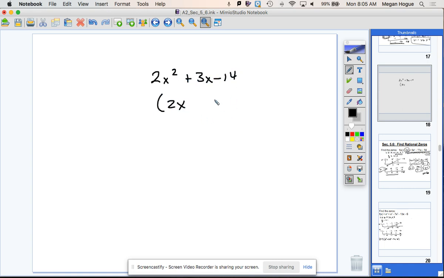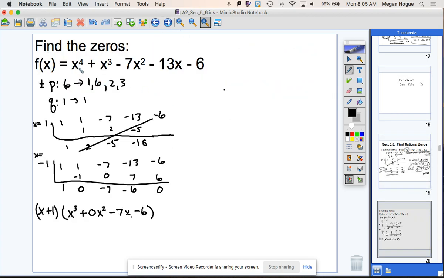If I tried to do guess and check and put 2 in this spot, was there a GCF in this trinomial? So should there be a GCF in this binomial? No. That's why this didn't factor. So if I know 1 wasn't an answer for the big thing, 1's not going to be an answer here. So I'm not going to try 1 again.